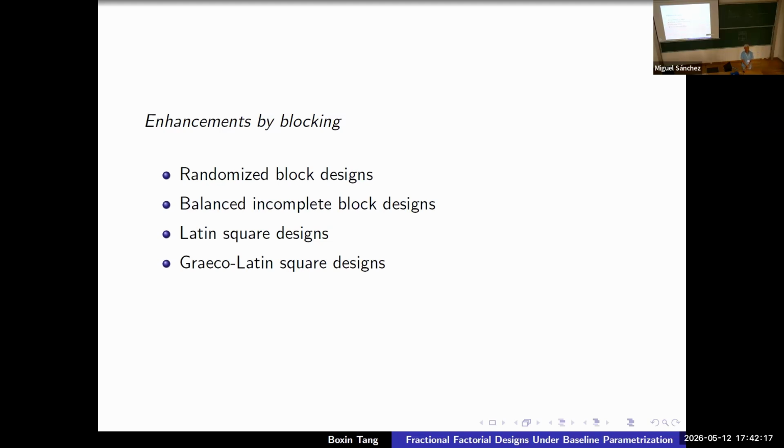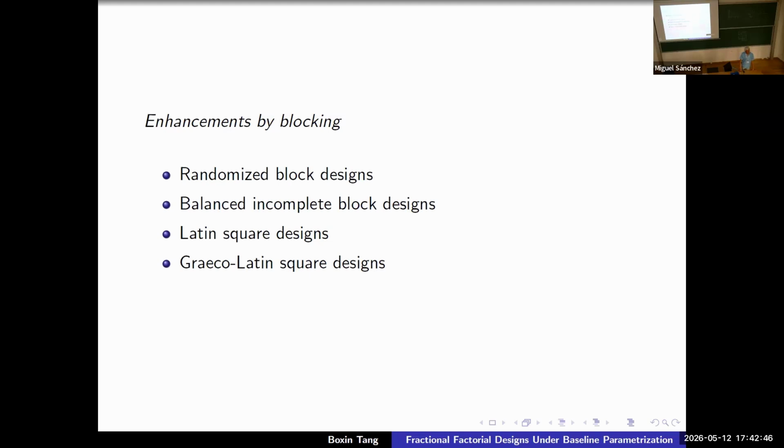Very often, it's hard to create blocks that are large enough to accommodate all the treatments. In this case, we have to use so-called balanced incomplete block designs. And sometimes we have knowledge to block experimental units in two directions, then one can use Latin square designs.